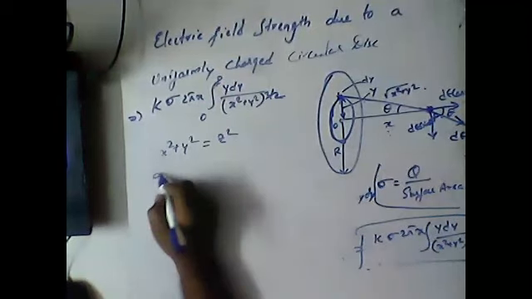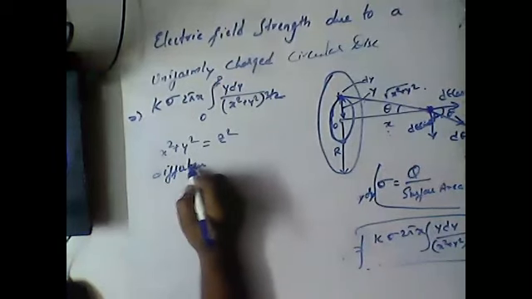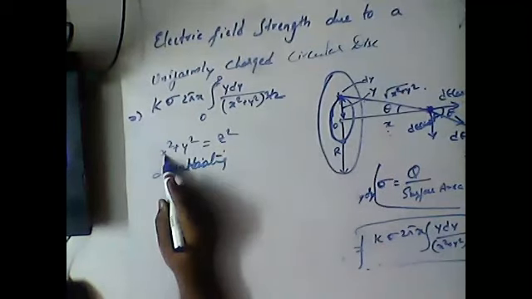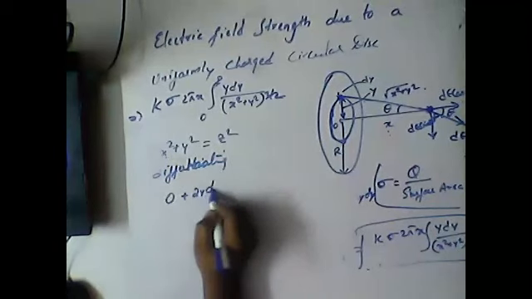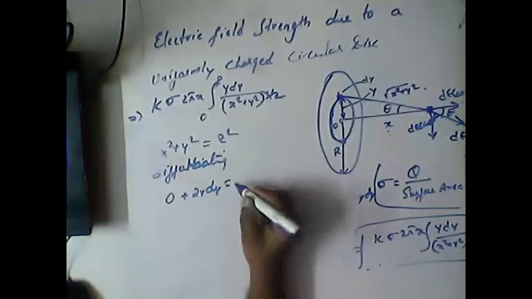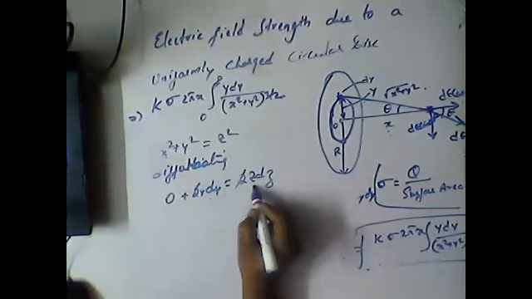From this we can write, x is always a constant value, so differentiating, x being constant, we can write 2y dy is equal to 2z dz. Now cancelling, what we are left with is y dy is equal to z dz.